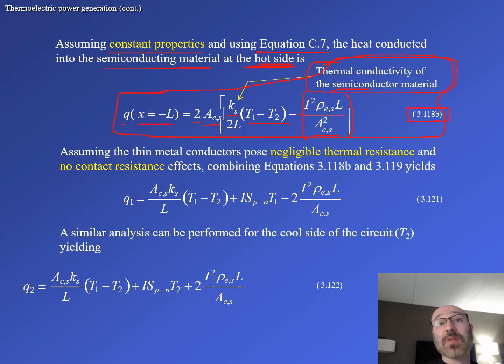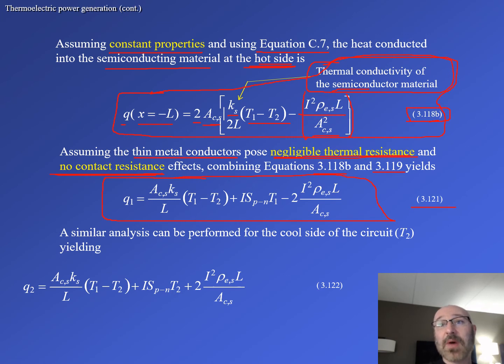So now assuming that the thin metal conductor at the top, and there's also one at the bottom as well, both pose negligible thermal resistance, and there are no contact resistance effects, so two rather large assumptions there, we can combine equations 3.118b and 3.119 and get the following relationship that we see in equation 3.121 in our textbook.